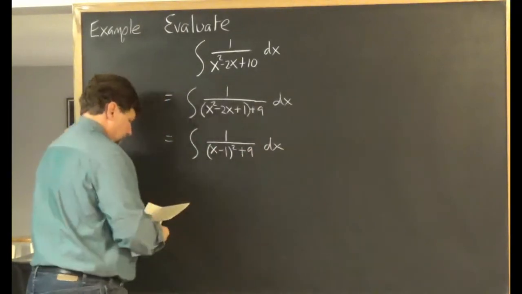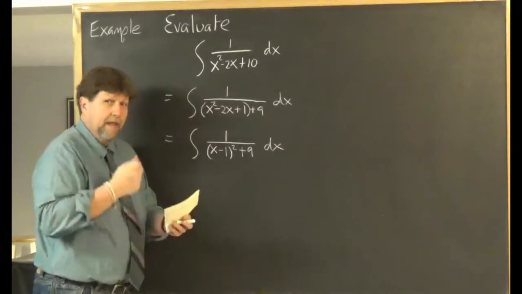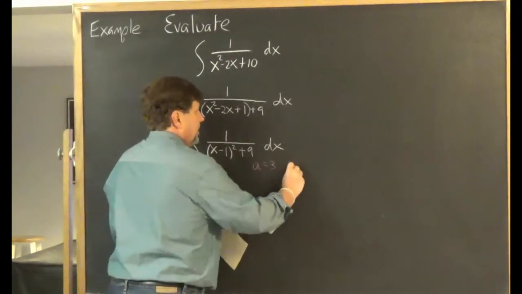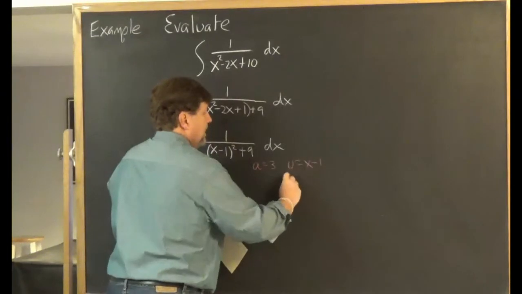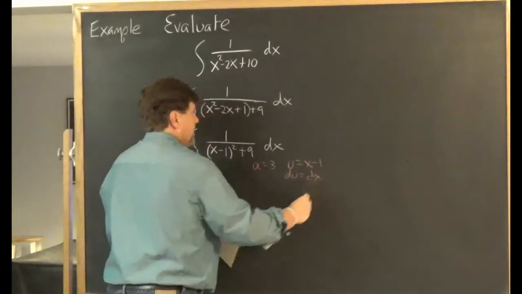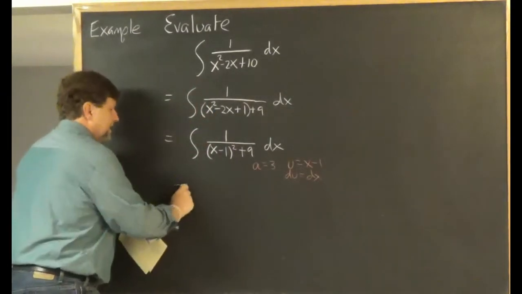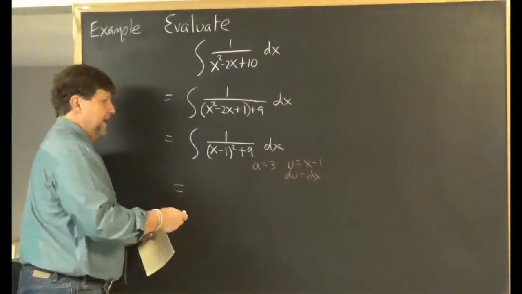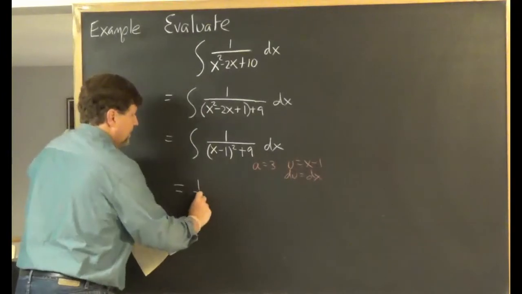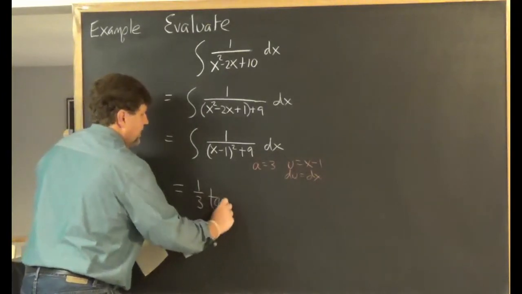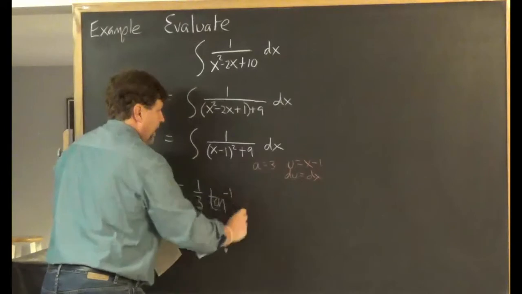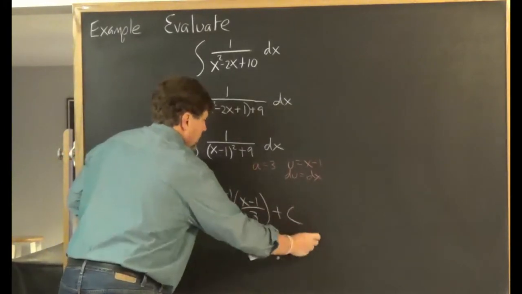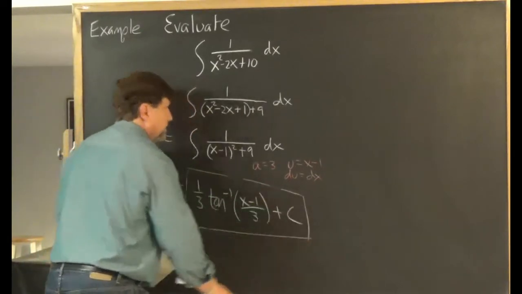And suddenly this is looking an awful lot like inverse tangent. a is 3, u is x minus 1, du is dx. So I get in one step the antiderivative. It is kicking out an inverse tangent: 1 over a, inverse tangent of u over a, and that's it.